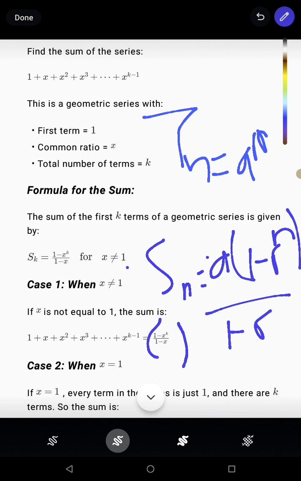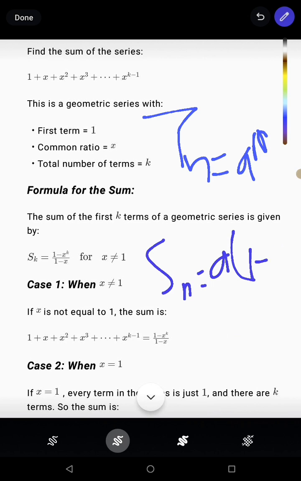So that's that. Now the next thing is, what if x equals 1 and we still want to take the sum of the series? How will that be? Let me show you how the series is going to look. Here you have 1 plus another 1 plus another 1.